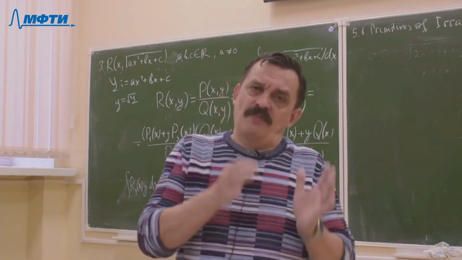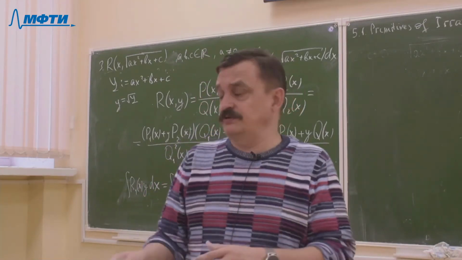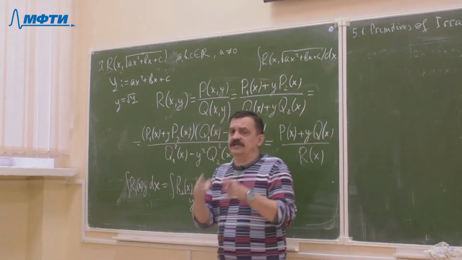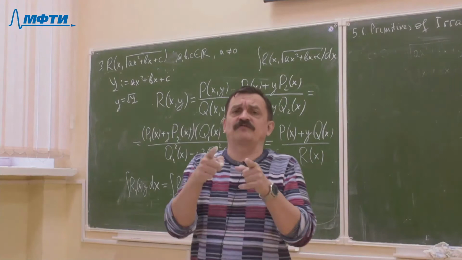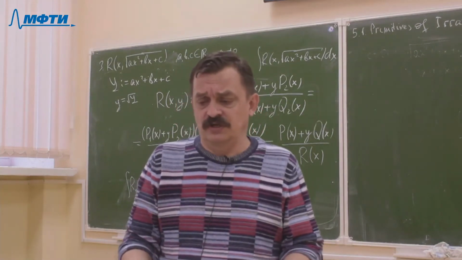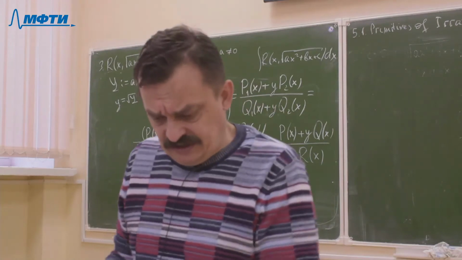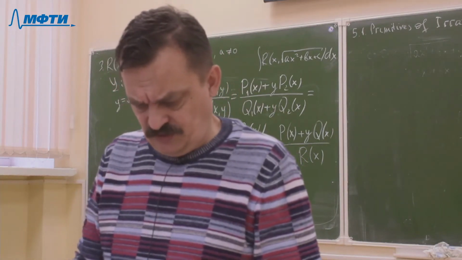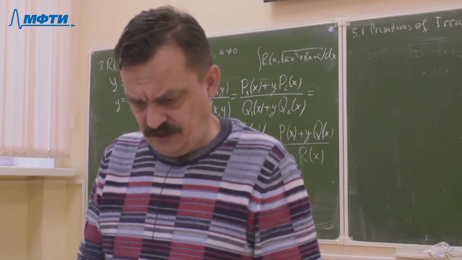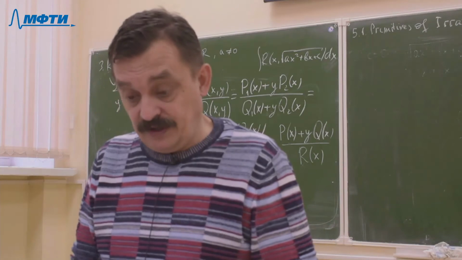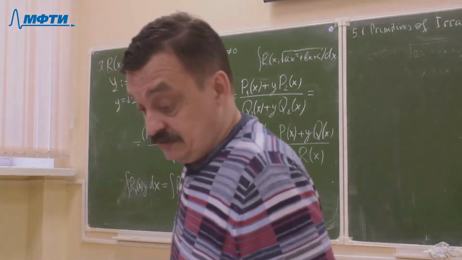So there are methods to compute such an integral for any concrete partial fraction which appears in the partial fraction decomposition. But I don't want to consider them. They are rather complicated. So let's skip them.